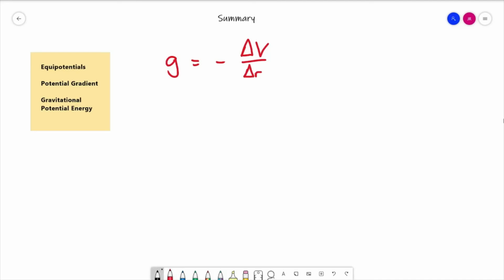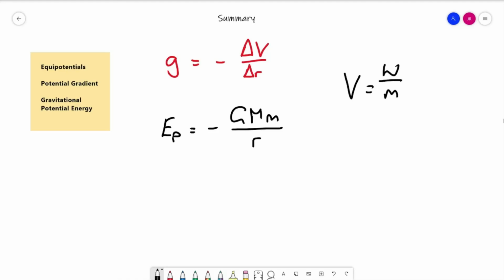We then had a look at gravitational potential energy and said that gravitational potential energy was minus GM over R. And now all of those were linked together with the definition of gravitational potential, which of course was V is equal to W over M. Potential was work done per unit mass, or rearranging that to say delta W is equal to M delta V.